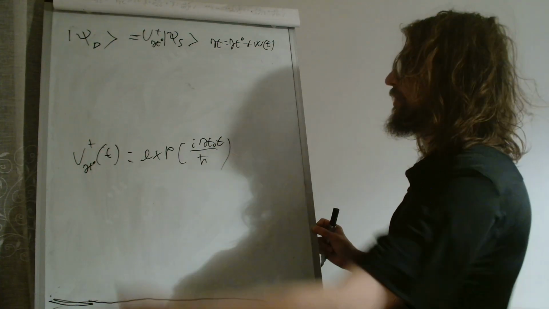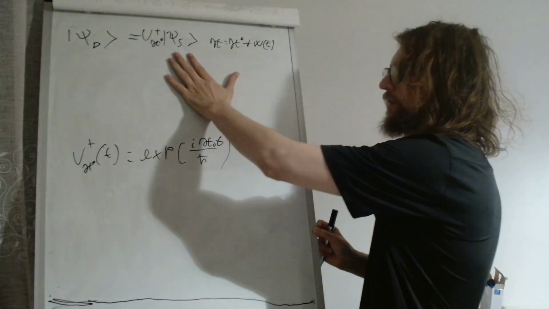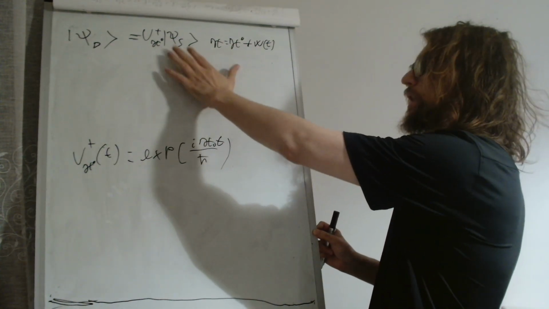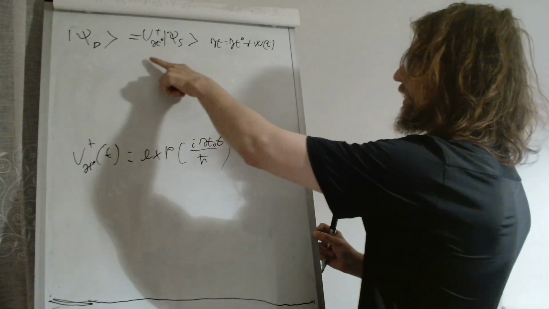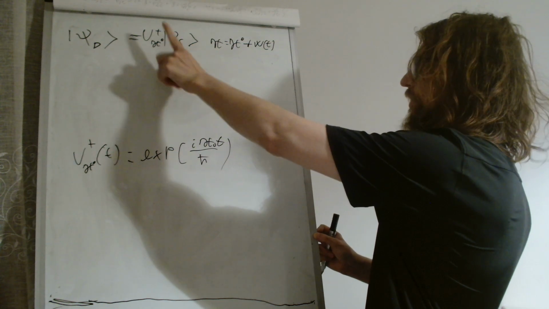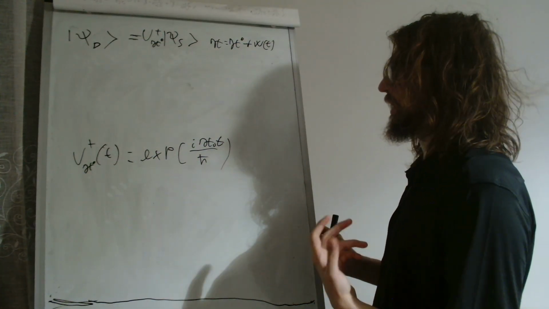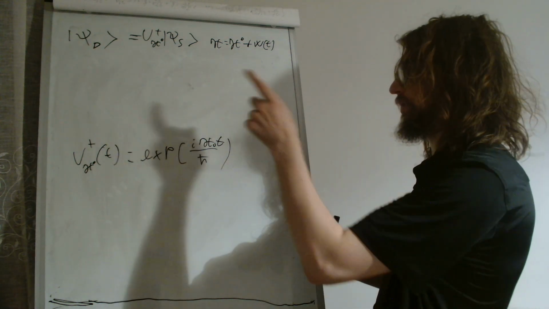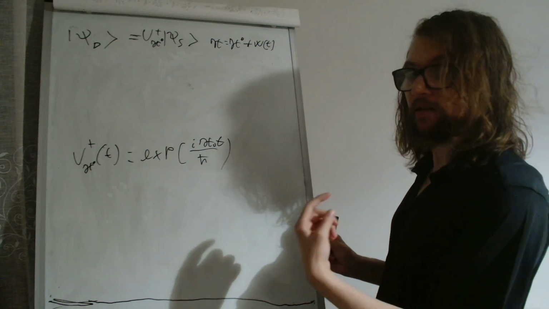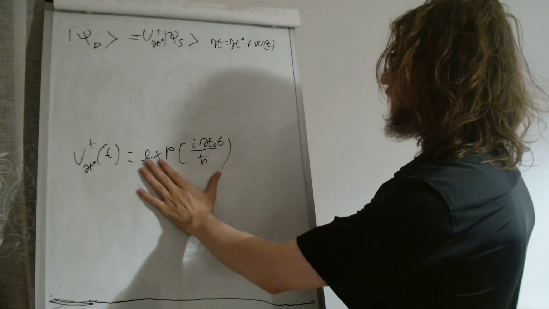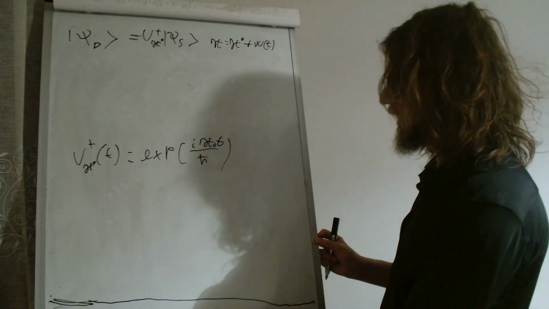I write the states in the Dirac notation as psi_D and the states in the Schroedinger notation as psi_S, and psi_D is U dagger relative to H0 applied to psi_S. U is the time evolution relative to H0, U dagger undoes that evolution, so it is this simple exponential because H0 is time independent.